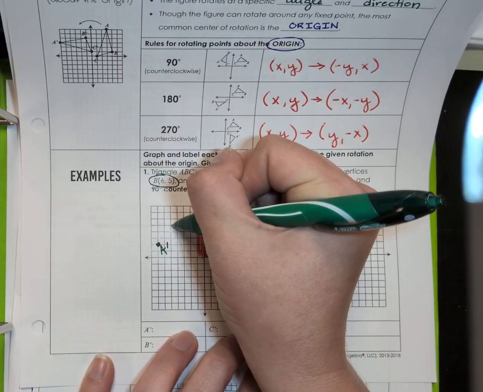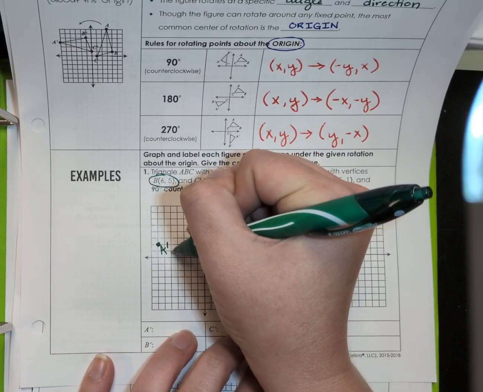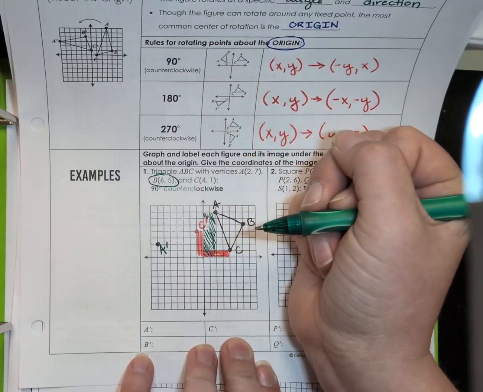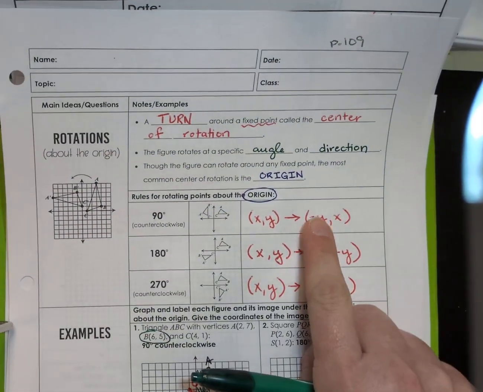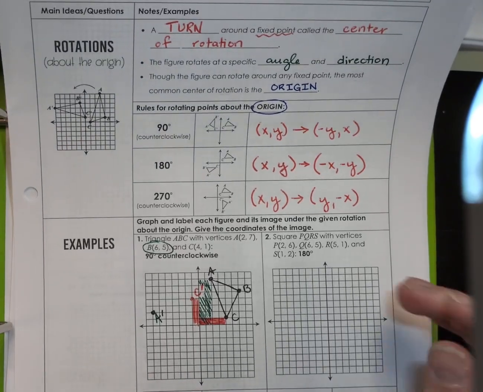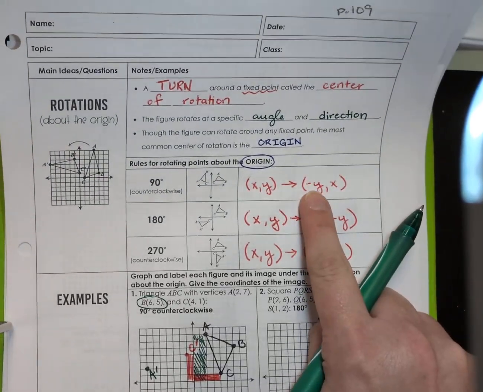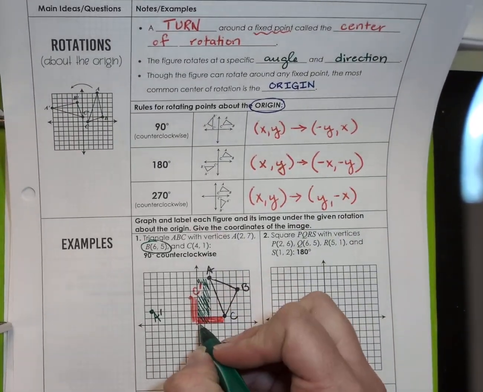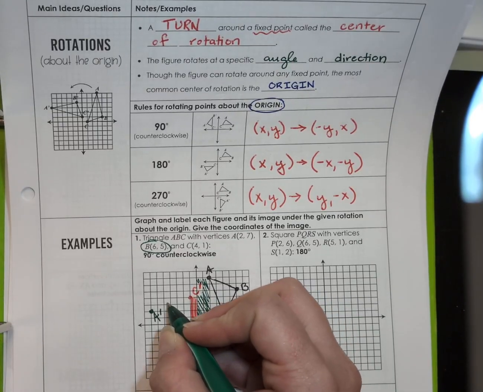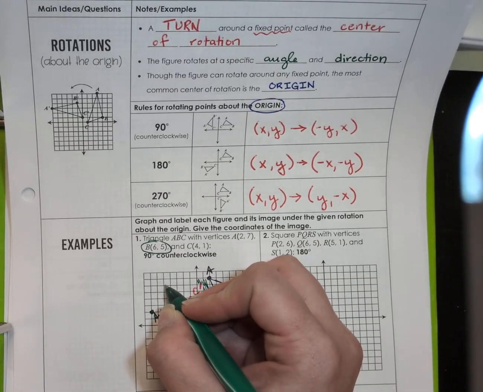Correct. So we flip it and times the y by negative 1. That's what Noah was saying. So 1, 2, 3, 4, 5, 6.